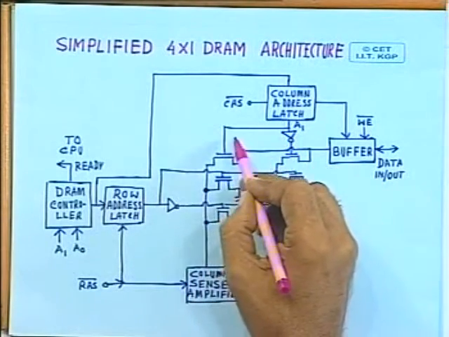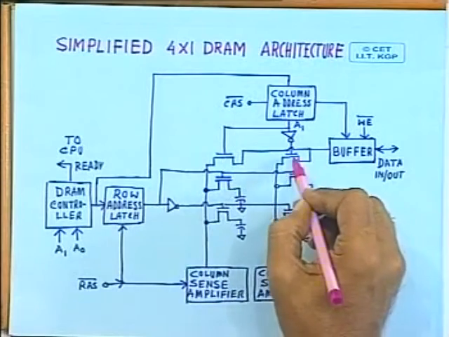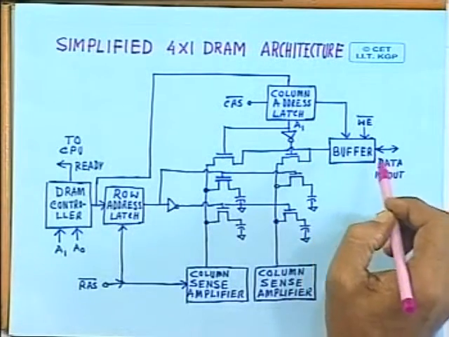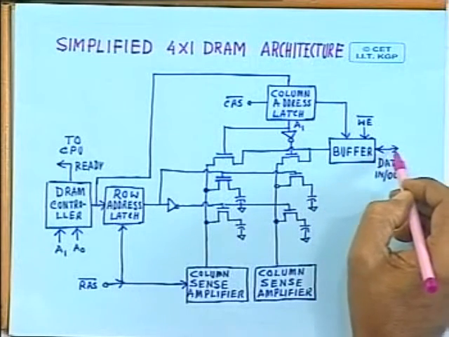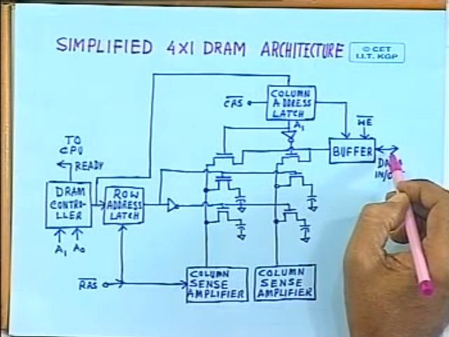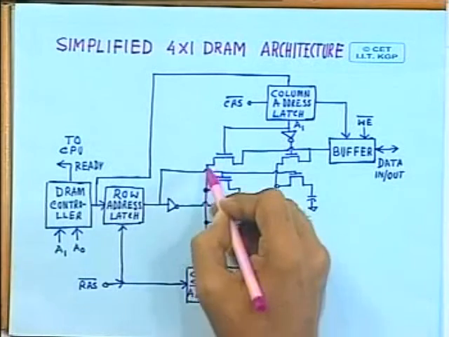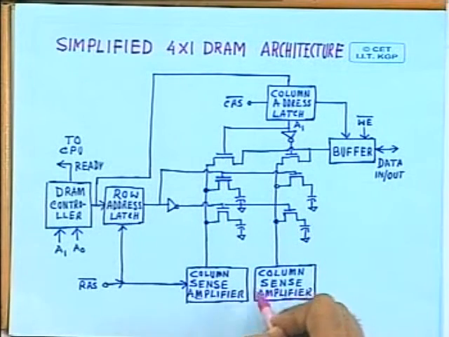Then you are doing the decoding, and data which is coming out can be read, will go to this buffer, and through this buffer the data reading and writing will take place. And as you can see here, each column has a sense amplifier.